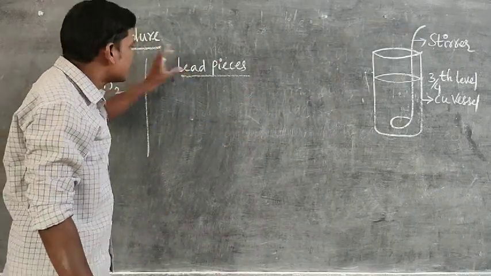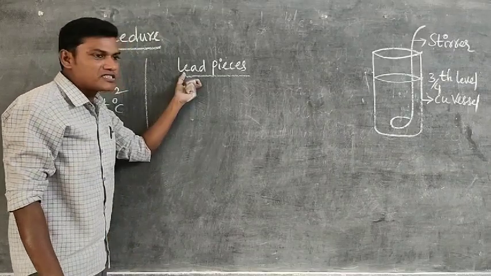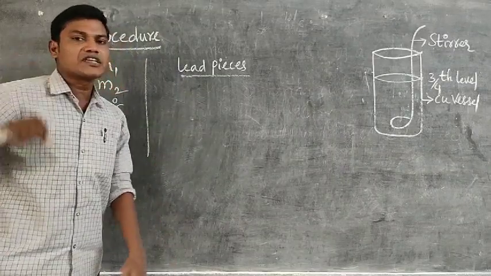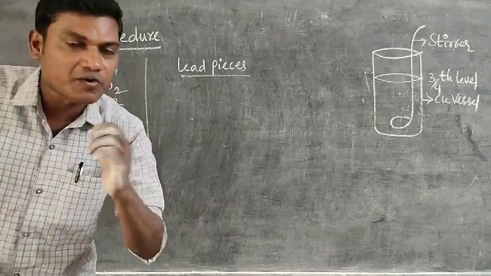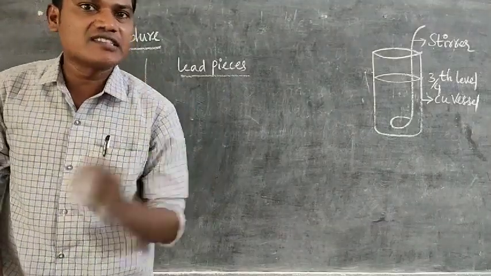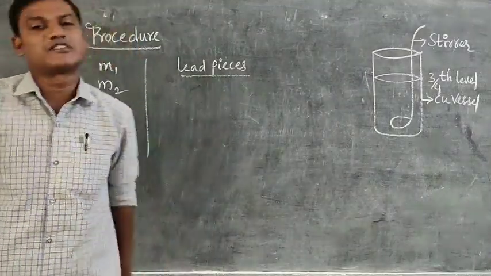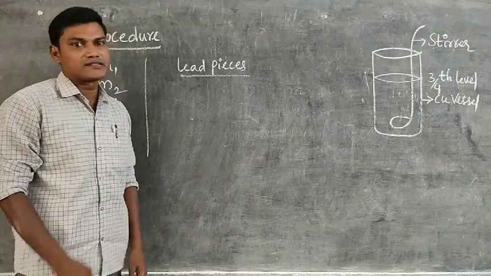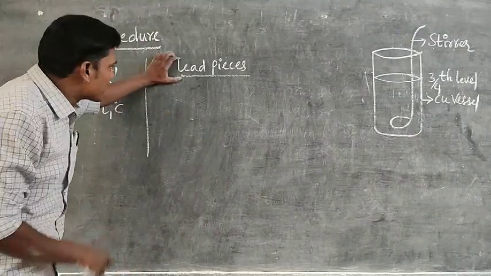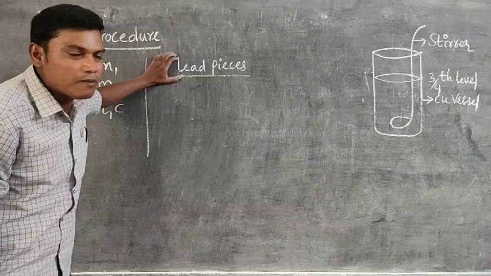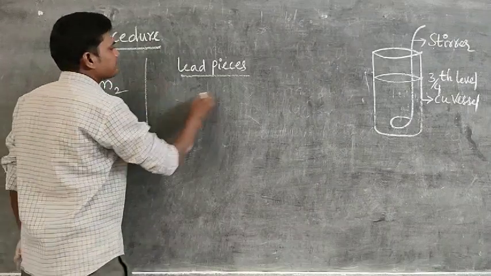That's why when you heat the lead pieces, they absorb heat very fast, so we can avoid wasting time during the experiment. For that purpose, we are taking lead pieces.